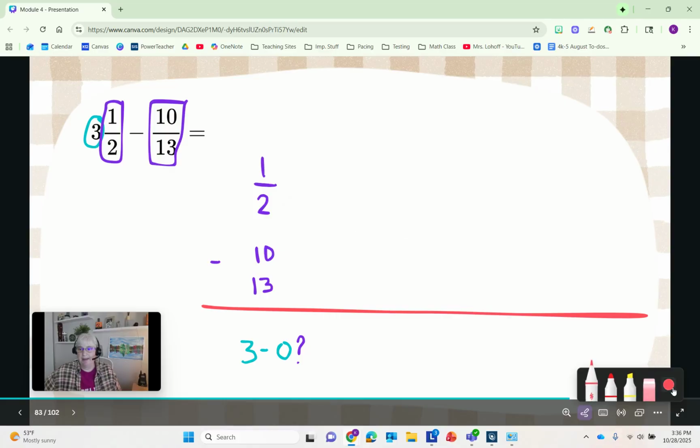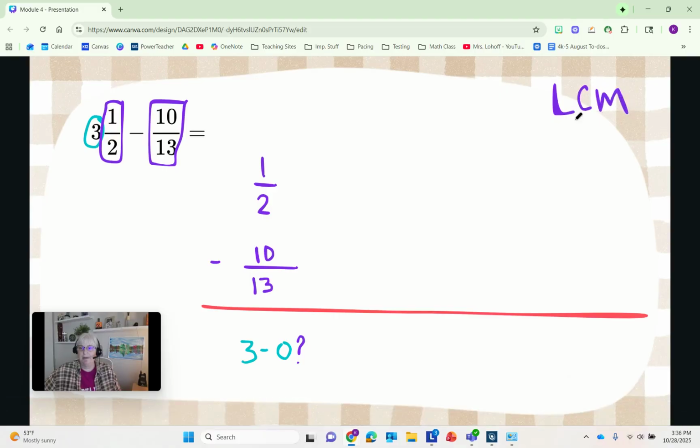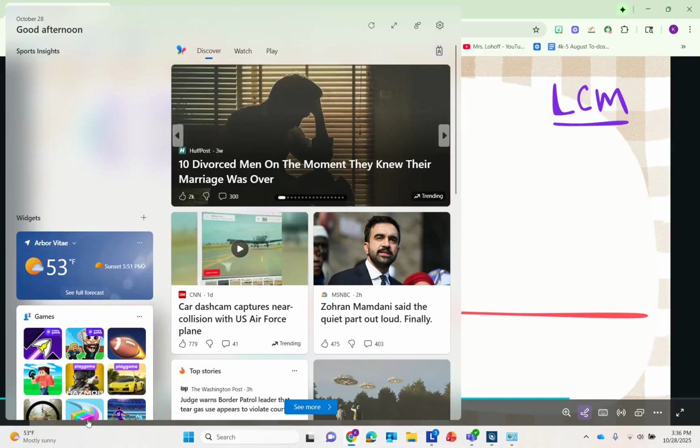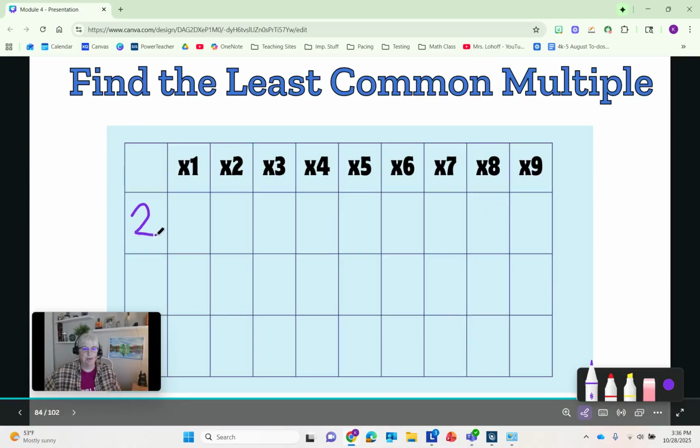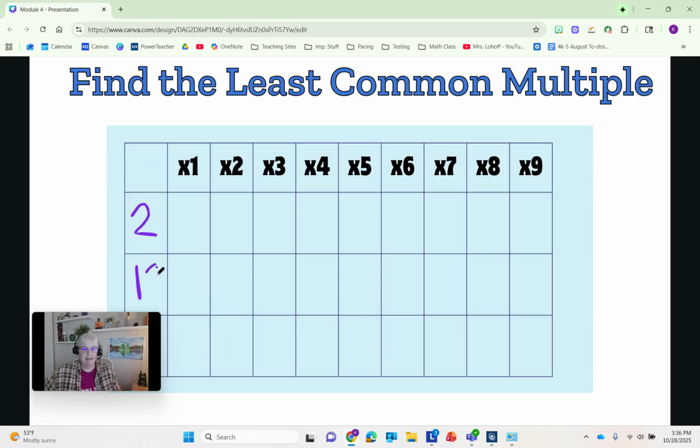Let me get my pen back here on purple and put that fraction line back. So we need to find our least common multiple. I can use my worksheet to do it. Remember, 2 and 13. Those are the numbers we're going to need to put into the worksheet. 13s are going to be hard, but I know that 13 times 1 is going to be 13.